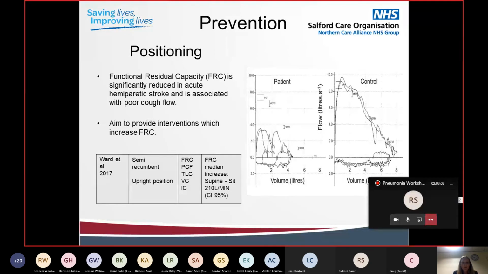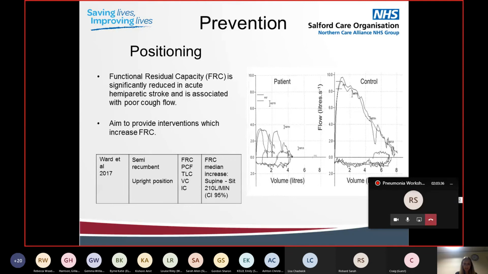Just mentioning peak cough flow there, this study by Katie Ward was looking at functional residual capacities in two different positions: the semi-recumbent position and the upright position, and the difference in functional residual capacity between them. They did find that the difference between the two positions in functional residual capacity was 210 litres.